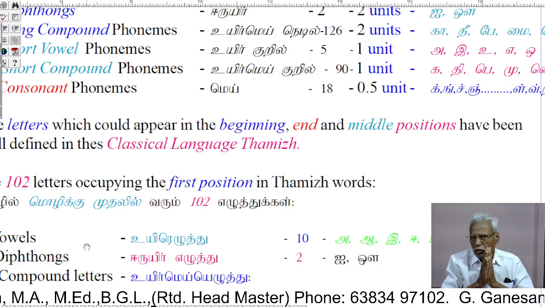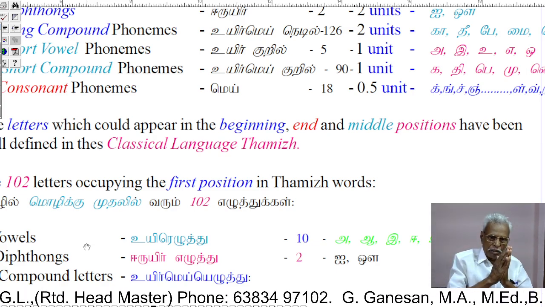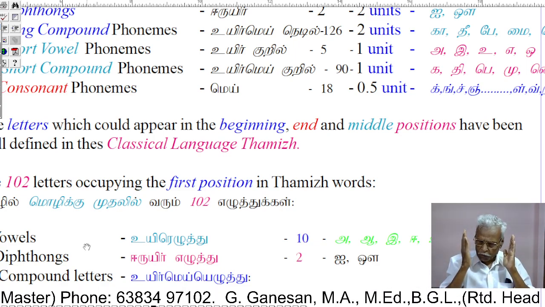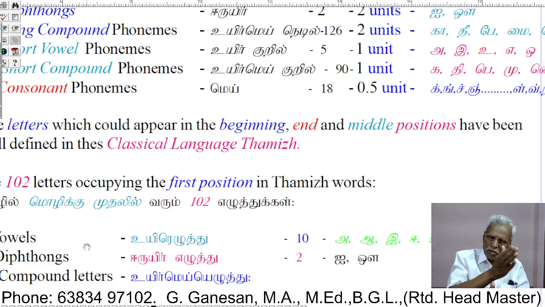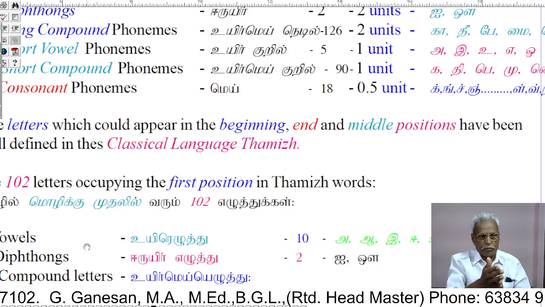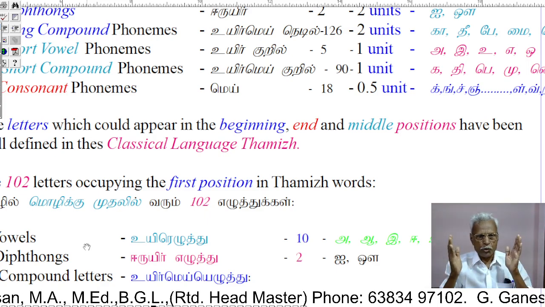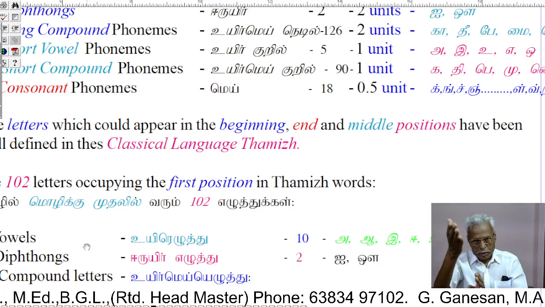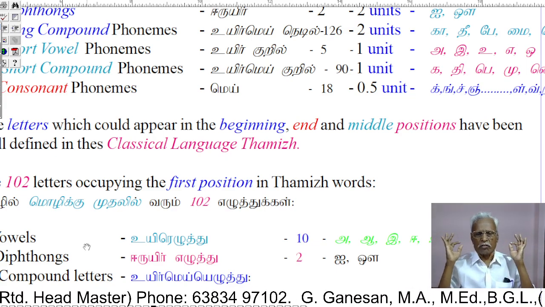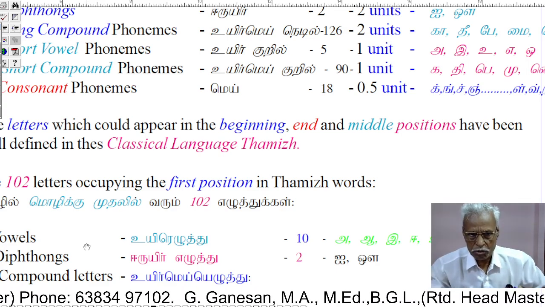See, out of the 246 letters, that is 30 primary letters and 216 secondary letters, what are the letters that can be used at the beginning of a word, at the end of a word, and in the middle of a word? That has been very well defined. That is why it is called a classical language.